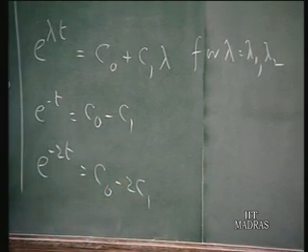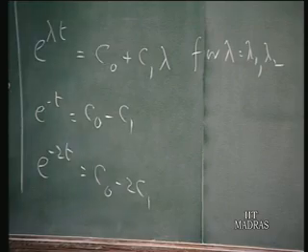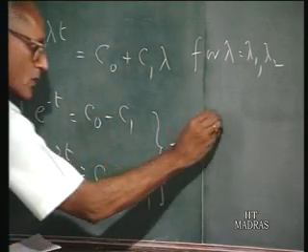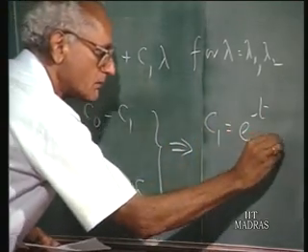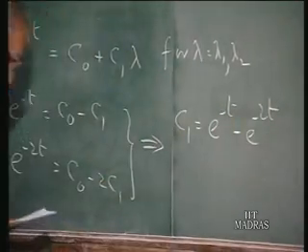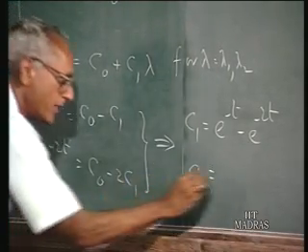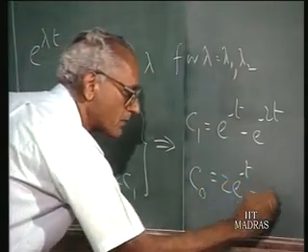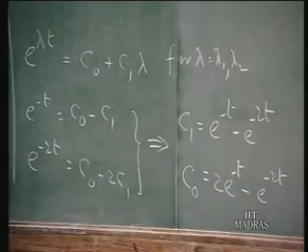These are the two equations you get in terms of c0 and c1. You can solve this and you get c1 equals e power minus t minus e power minus 2t, and c0 as 2e power minus t minus e power minus 2t. So those are the two values, c0 and c1.